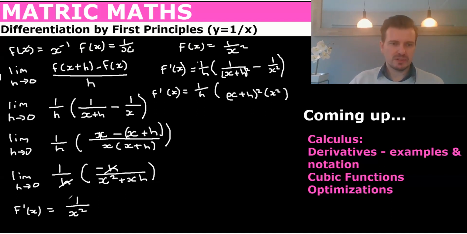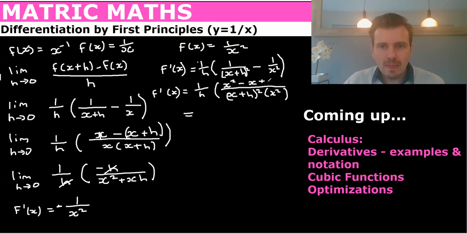Oh, by the way, this answer here is minus because we actually had a minus over here. And so at the top, this one will just become x squared, and we'll say then minus x plus h squared. Okay, now let's times this out.